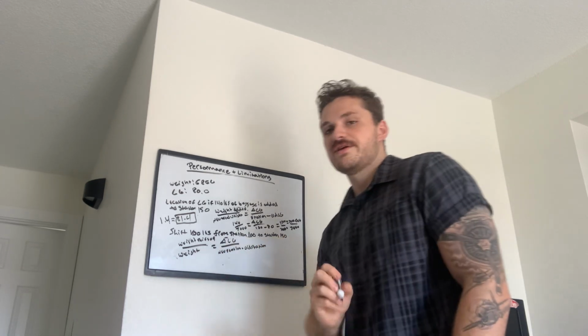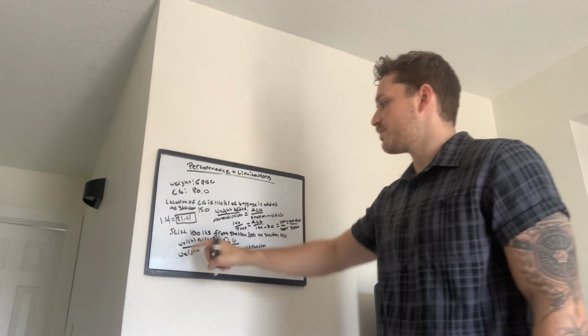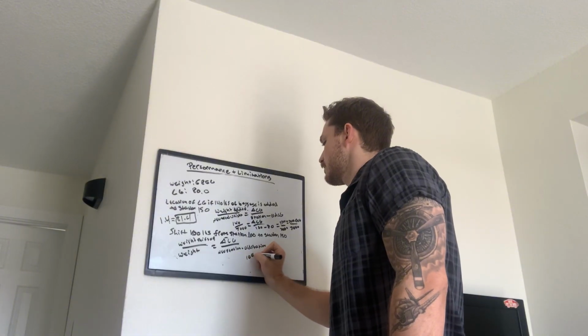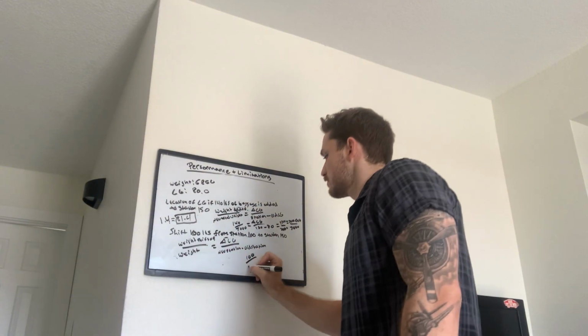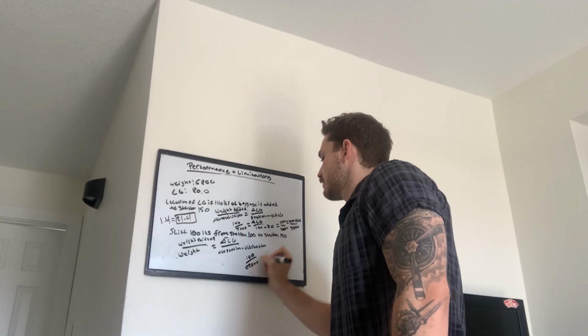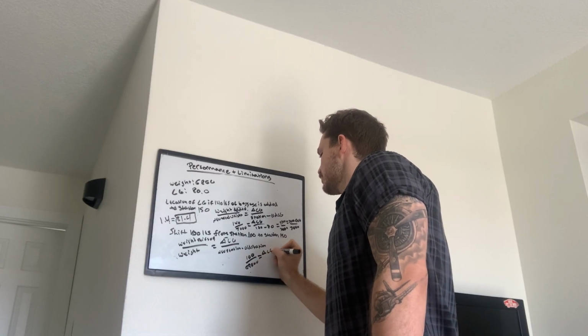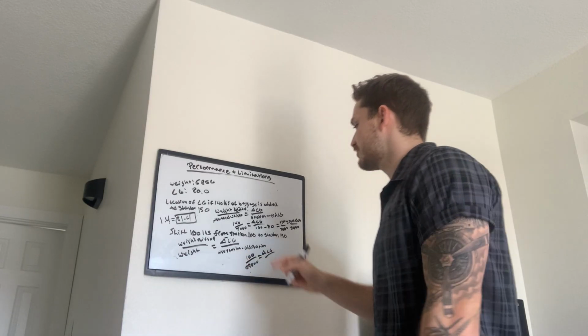So the weight to be shifted here, we already said in the example, is going to be 100 pounds. And we know the weight of the aircraft is going to be 6860. So we'll go ahead and write that in here. That's going to be equal to the change in CG divided by our new station minus the old station.